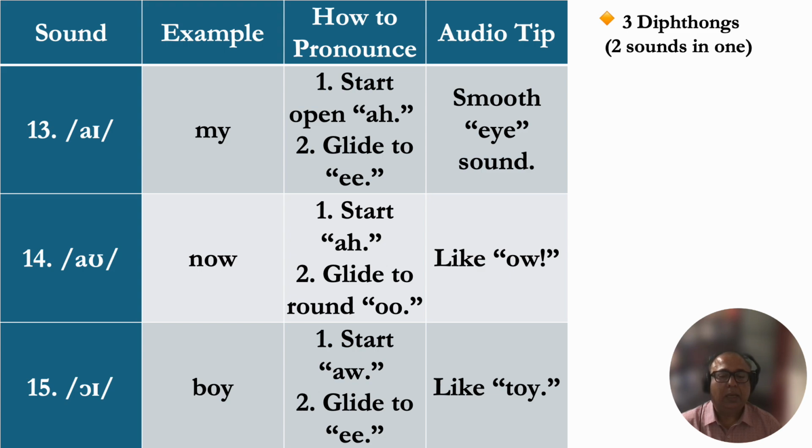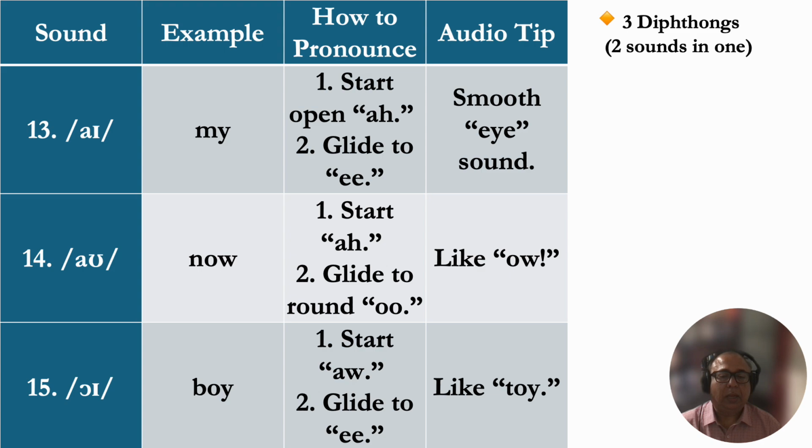13 is I. Do you hear two sounds there, 2 vowels? And E. My. So start with an open and glide to E. So my. 14 is ow.